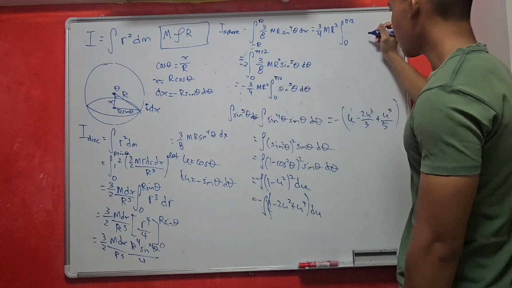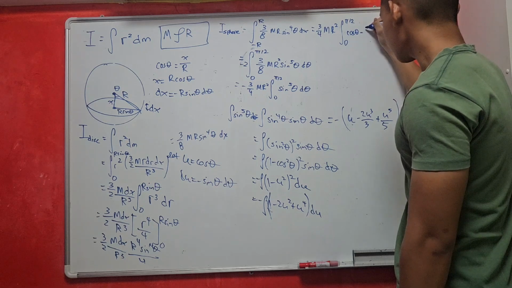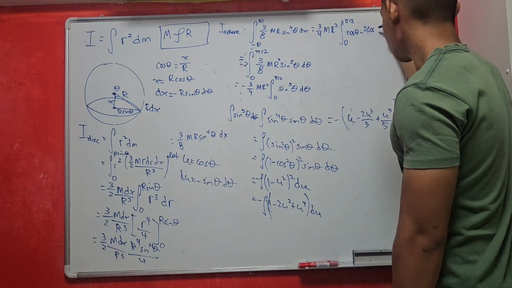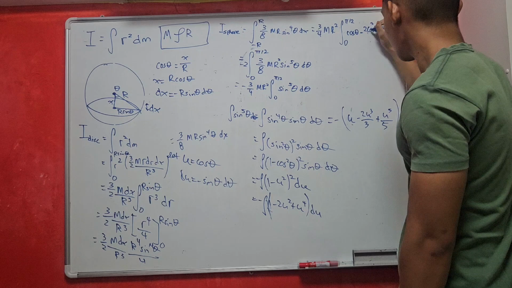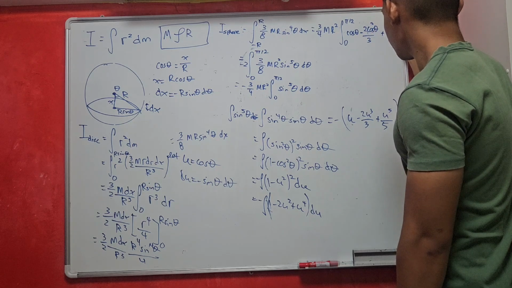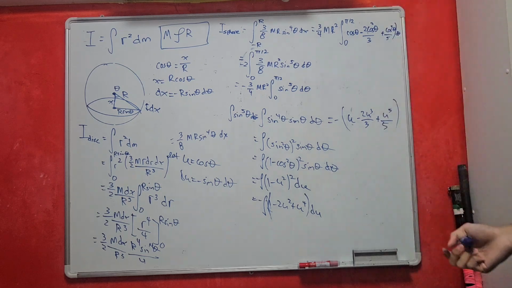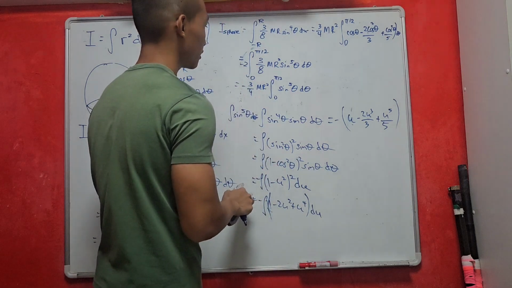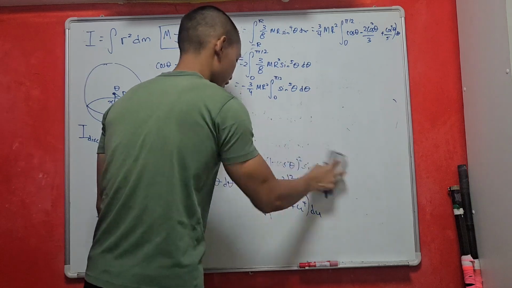U is equal to cosine theta, so it's just cosine theta minus 2 cosine cubed theta over 3 plus cosine to the 5 over 5 with respect to d theta. Okay, so simple, am I right? Let me check. Yeah, because the negative cancels out. Okay, so we have that already.